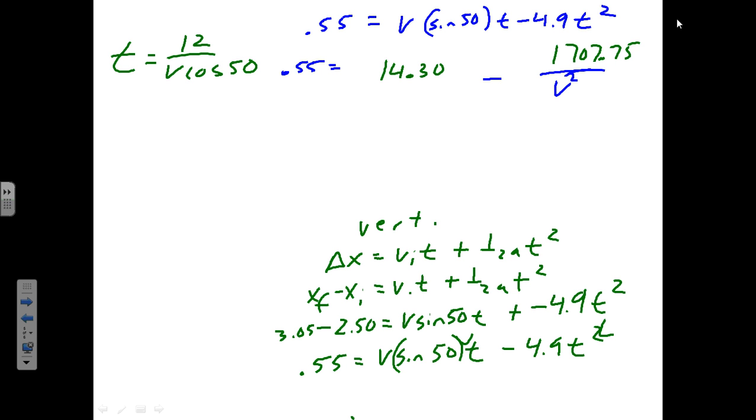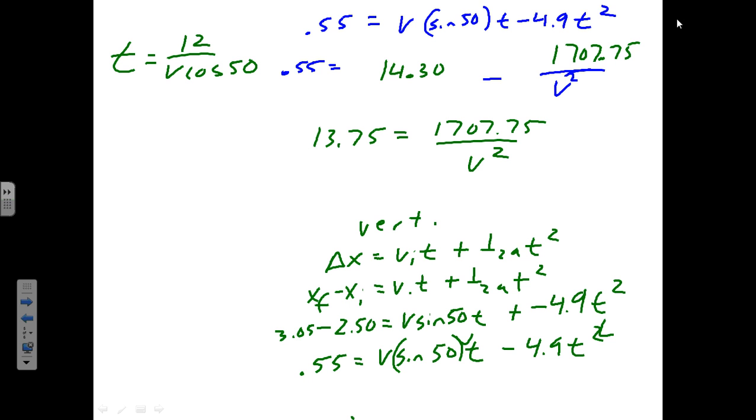Now I think what I would do next is subtract the 14.30 from both sides. So let's go 0.55 minus 14.30. That gives me negative 13.75 equals minus 1707.75 over v squared. Since we've got negatives on both sides, those can be canceled out.